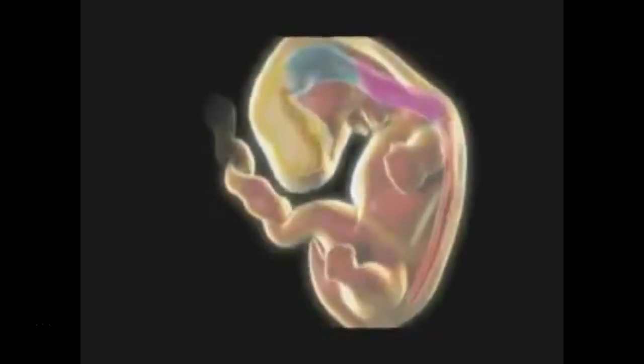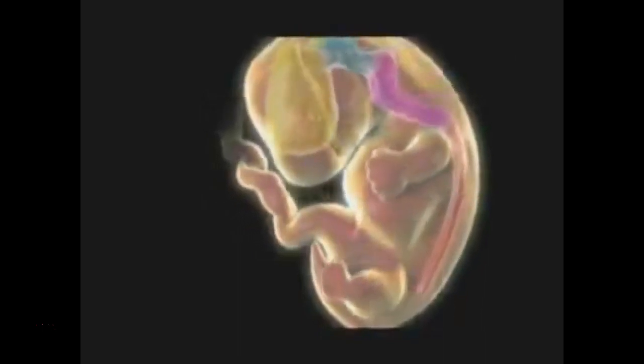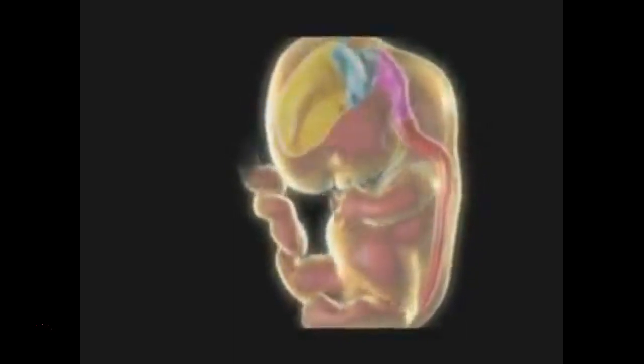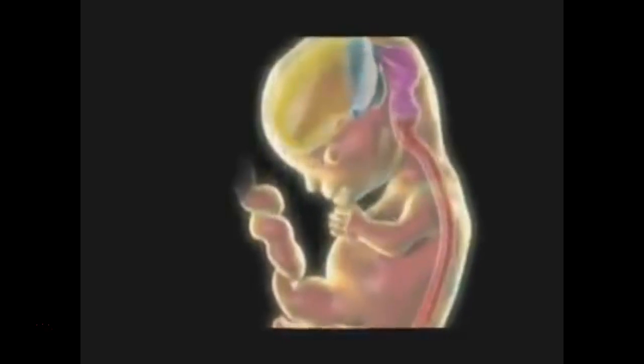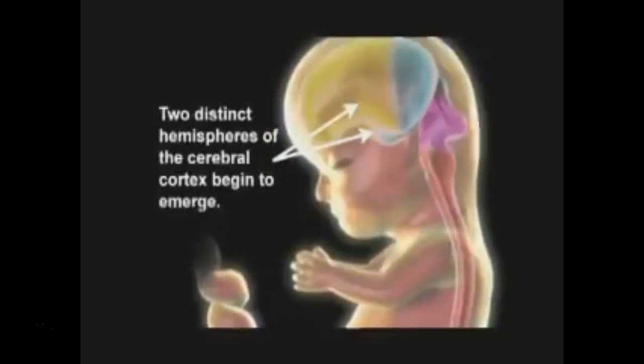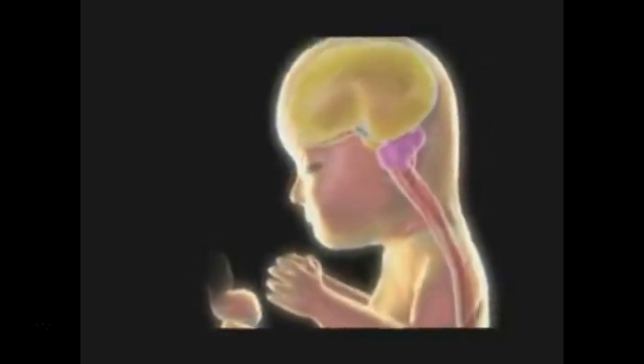Between weeks 4 and 8, the embryo grows rapidly and the face becomes recognizably human. The eyes on the side of the head begin to migrate forward and two distinct hemispheres of the cerebral cortex emerge. Between weeks 8 and 26 of the fetal stage, the cerebral cortex grows to cover the midbrain. By week 28, you see how it kind of envelops?